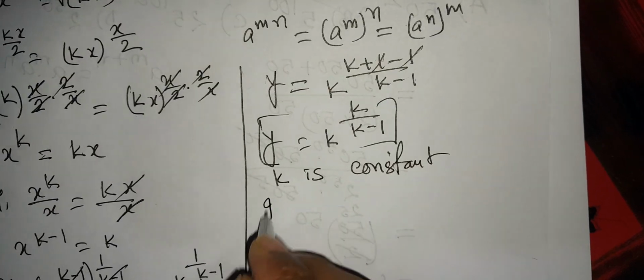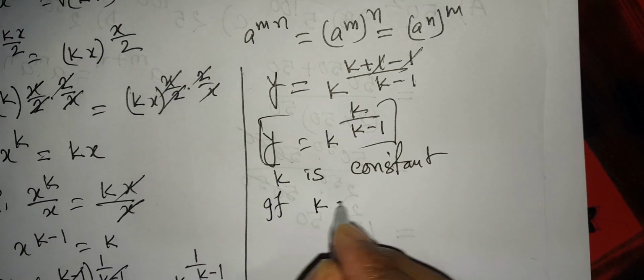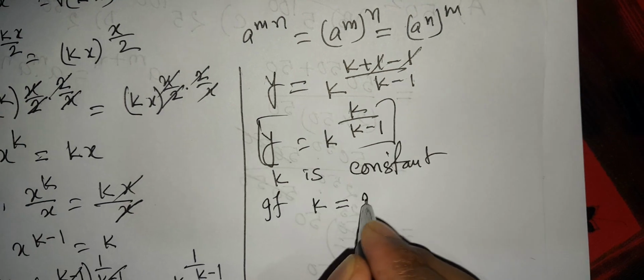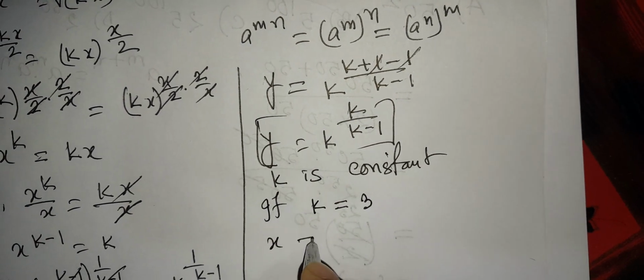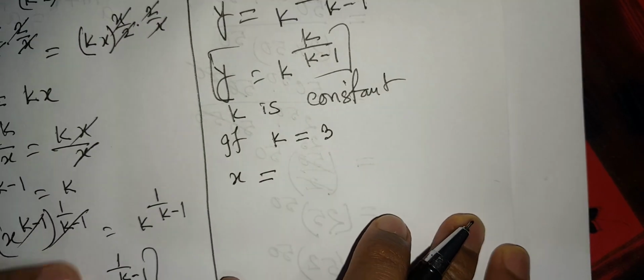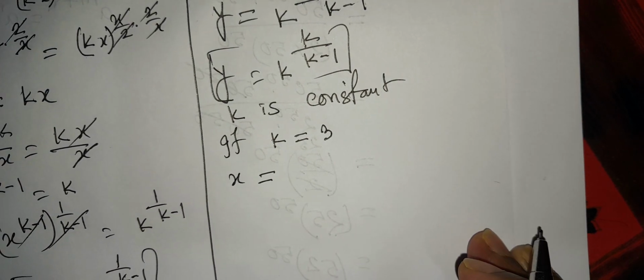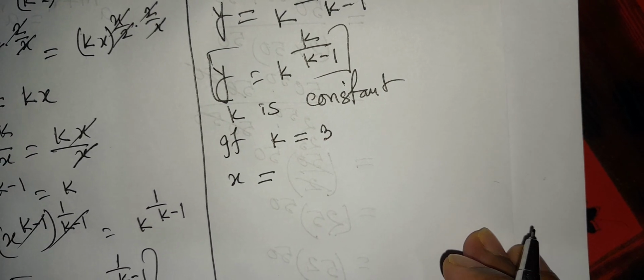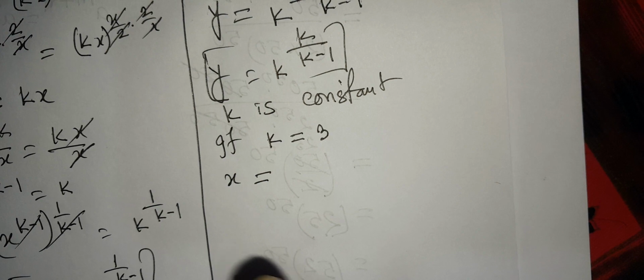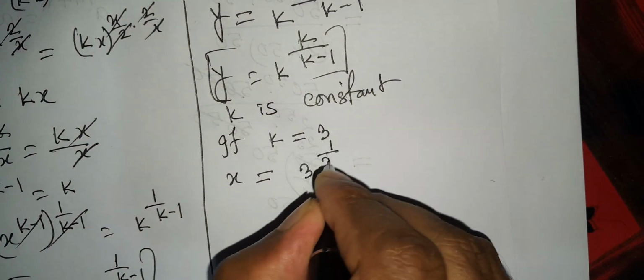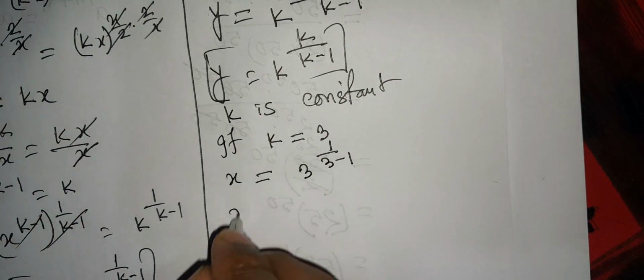If k equal to 3, then x is 3 to the power 1 by 3 minus 1.